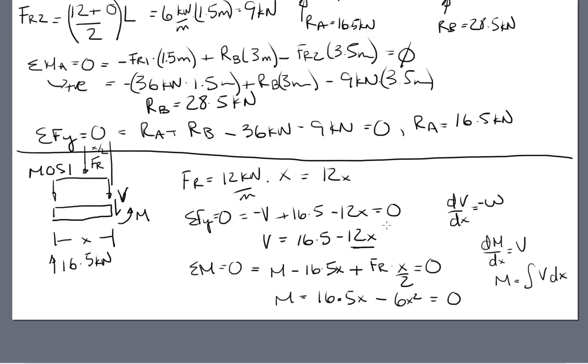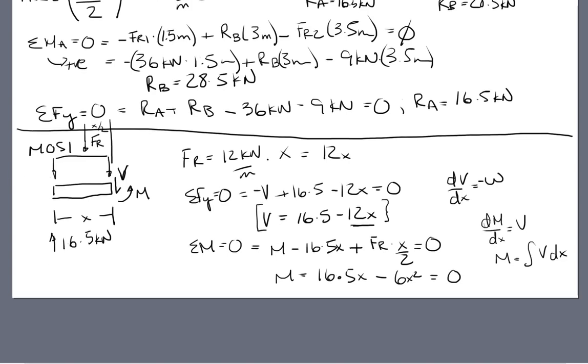So once you know this function, you can get this function. Now it gets a little more complicated when you have boundary conditions or applied moments, but essentially, once you get the V, you just integrate to get your M. Or you do it analytically by taking the moments. But that's actually a pretty elegant solution if you think about it.